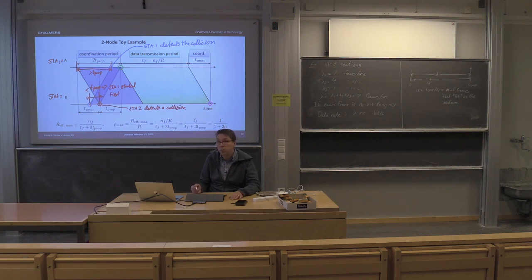And then we can start all over again. Okay. Any questions? Okay. So we have a coordination period, a data transmission period, and then a little bit of a coordination period.